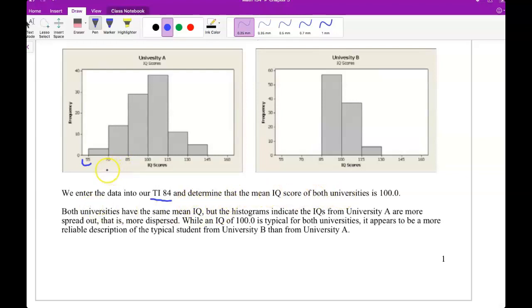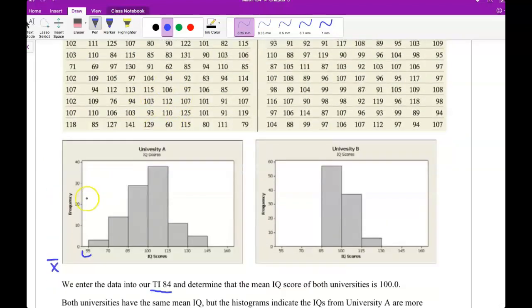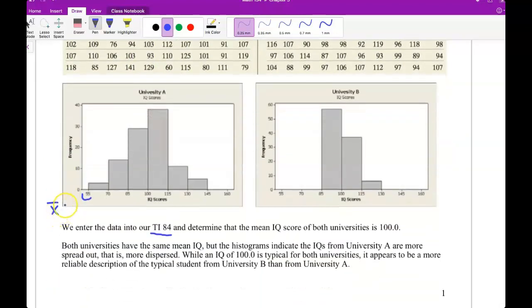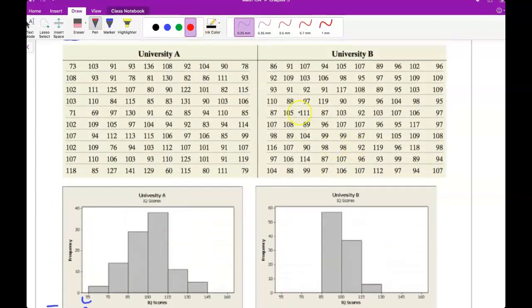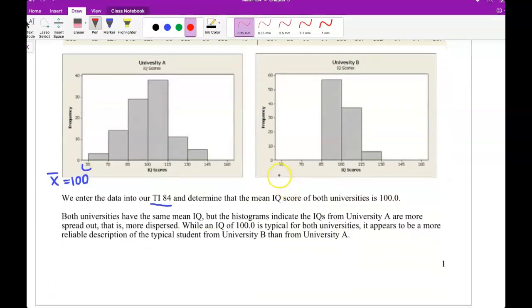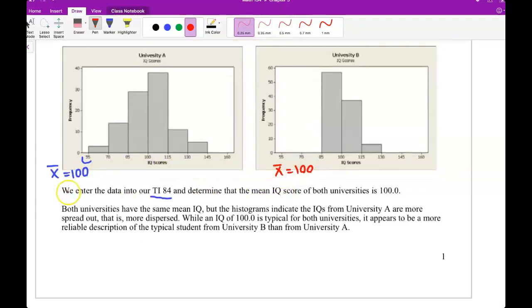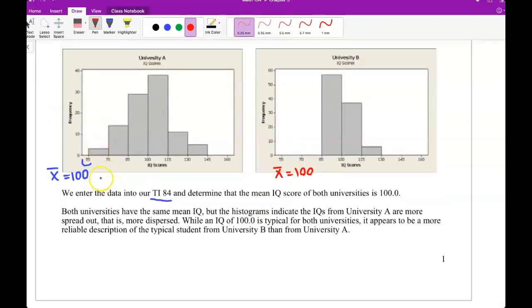For University A, since this is a sample, we're going to use x bar for the mean. It's equal to 100. For University B, based on these numbers, the sample mean is again 100. So we have the same sample mean, and also finding what the standard deviation is.